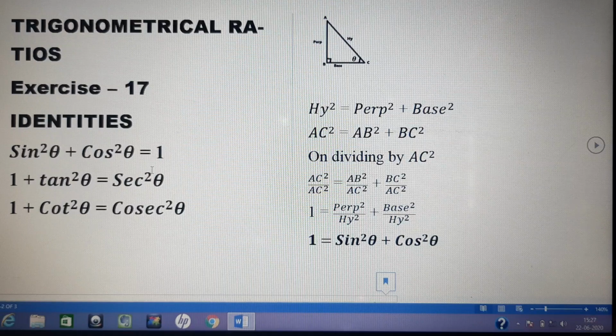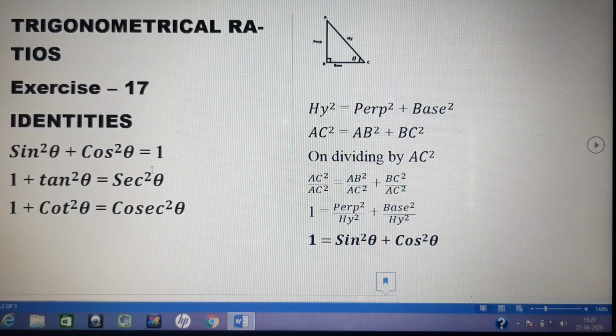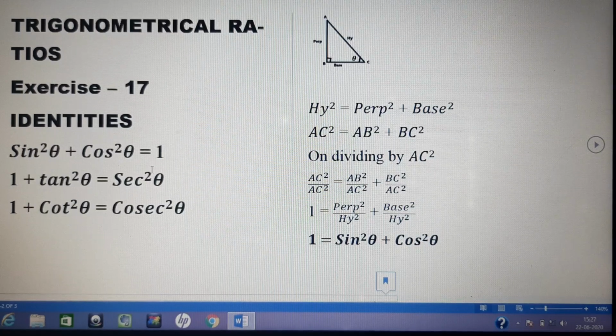We do not write it as sin theta whole square. Sin theta whole square is actually sin square theta. It is not sin theta square. The value of the angle is not squared. Sin 30 degree square meaning sin 900 degree is wrong. It is actually sin square 30 degree.